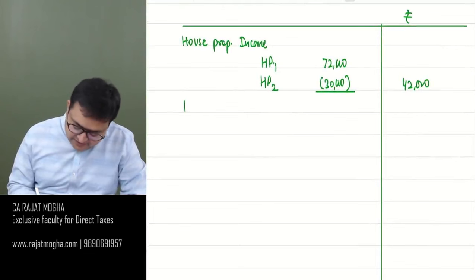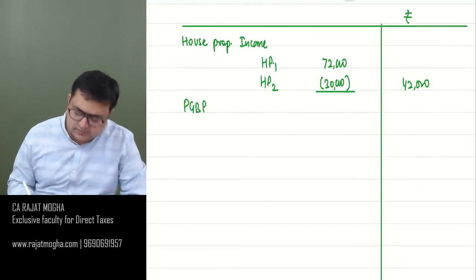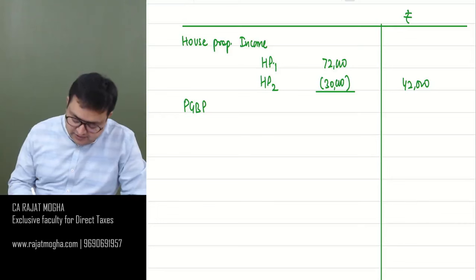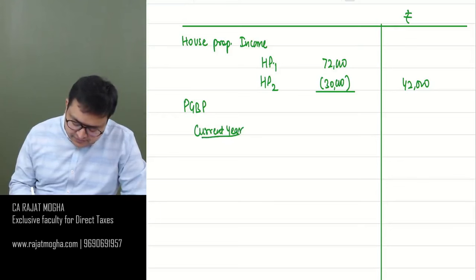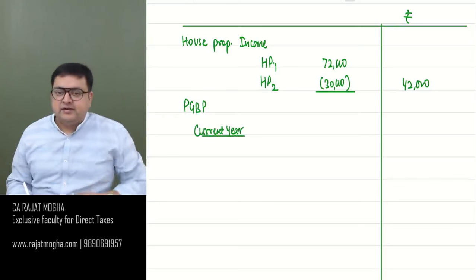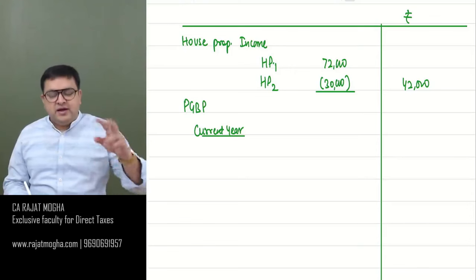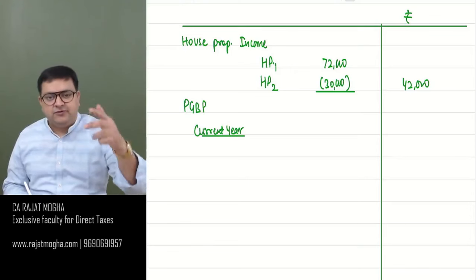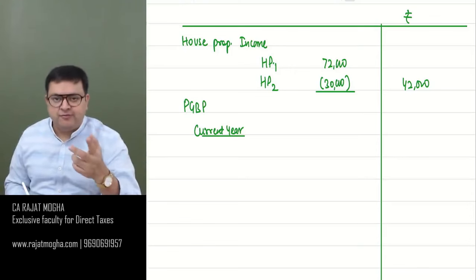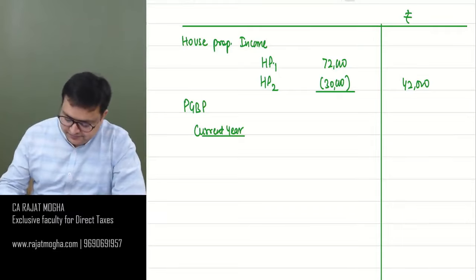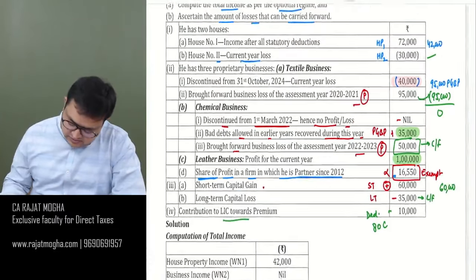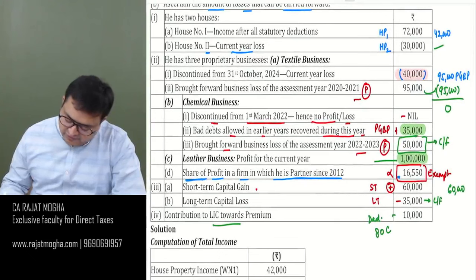Then we have PGBP. First of all, current year. So in current year, 3 businesses were there. Out of 3, 2 have profits, 1 has losses. Leather business has a profit 1 lakh. Chemical business has also deemed profit 35,000.